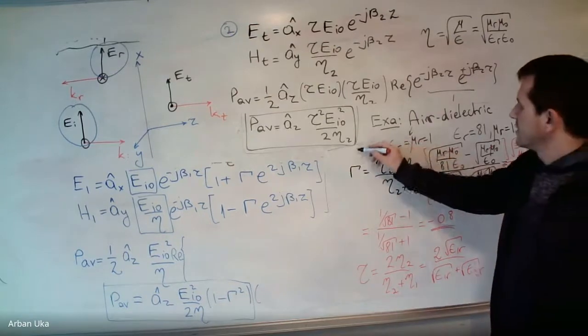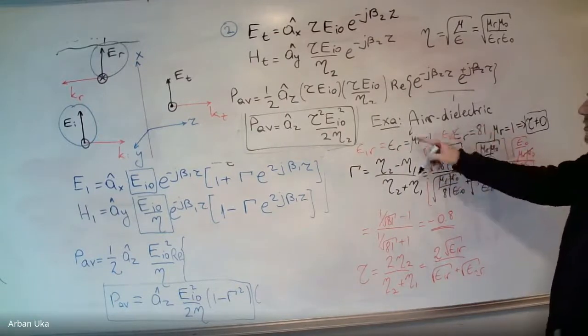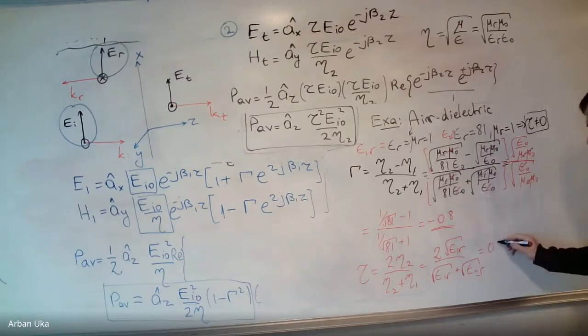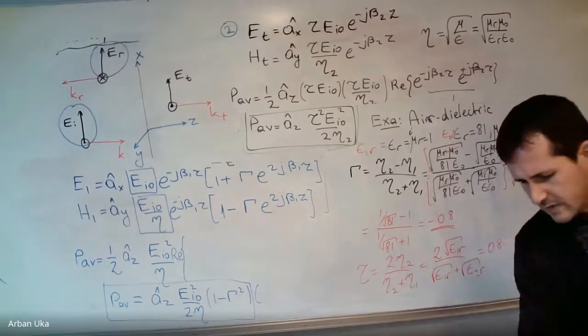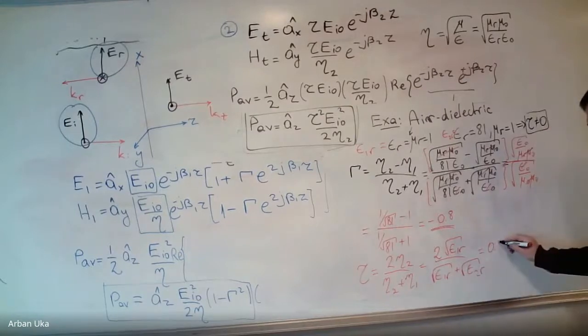So this is E1R, this is E2R, so medium 1 and medium 2. And as a result, we observe that the transmission coefficient is 0.2. If we substitute all the values, we get here 0.2.